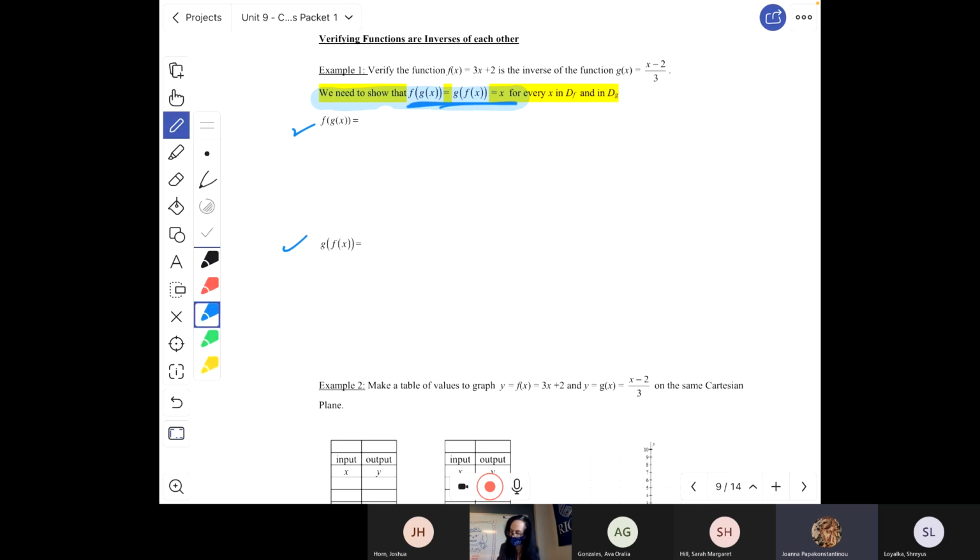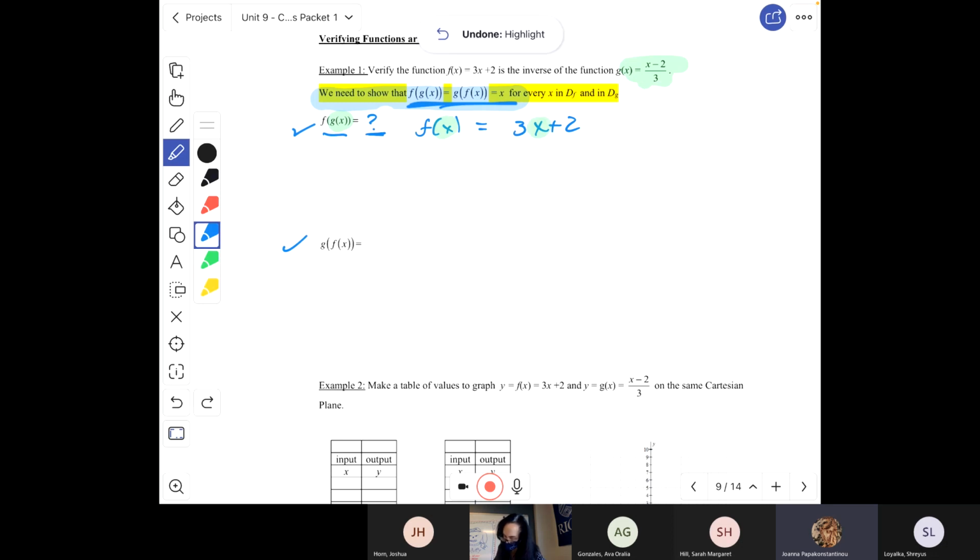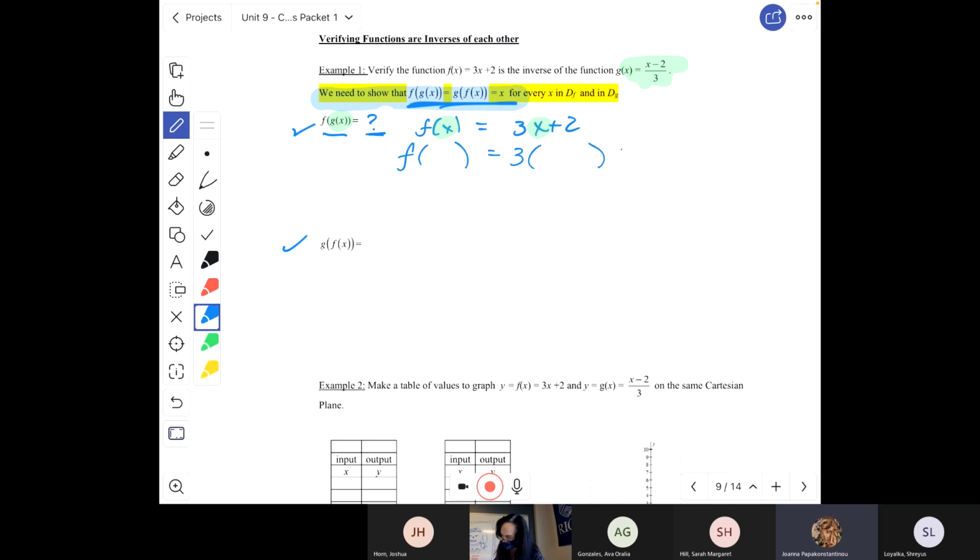All right, so let's go ahead and do that. So I'm going to start. Remember to take the composition. I'm going to start with the big function outside. So I'm going to start with f of x, which is 3x plus 2. Then I'm going to input into f g of x, so everywhere I see an x, I'm going to substitute in g of x.